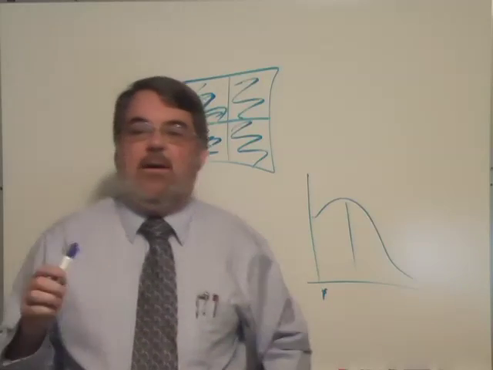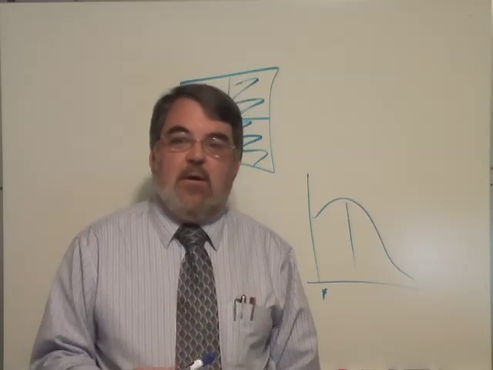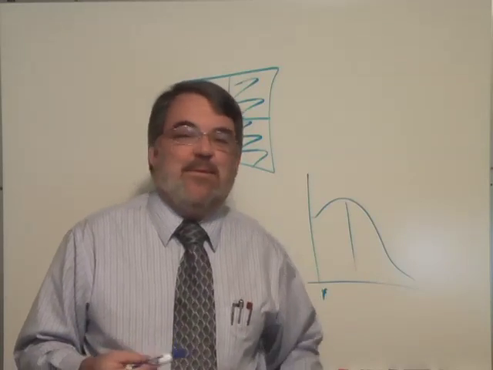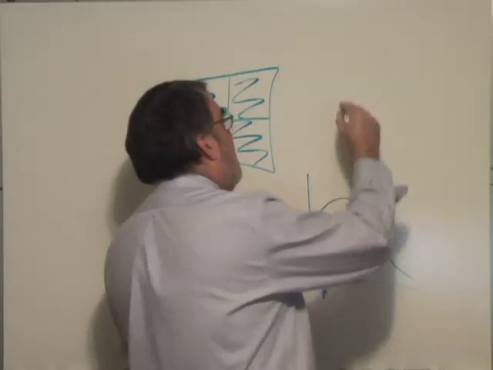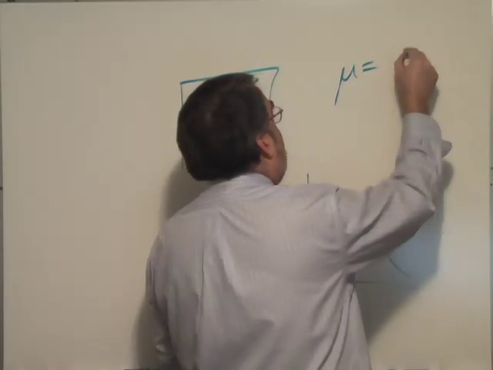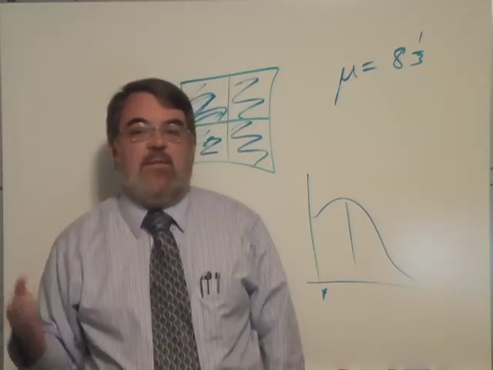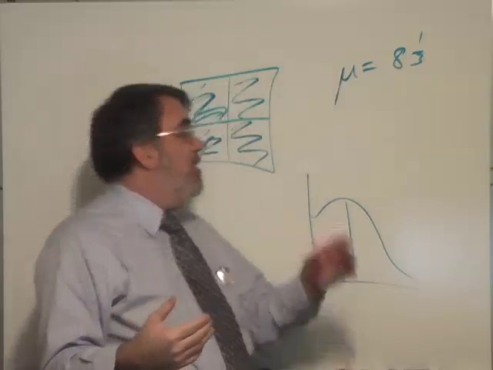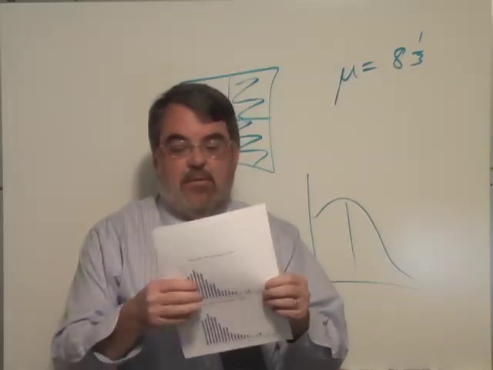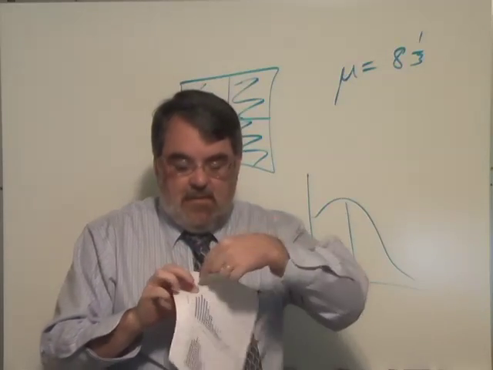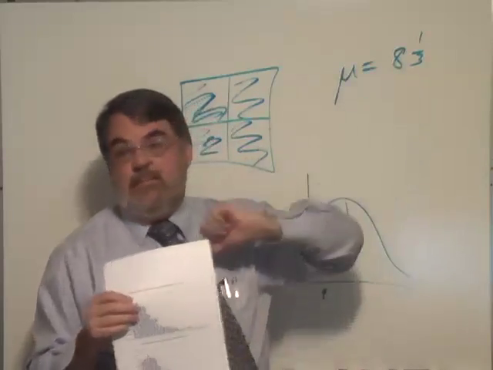By using theoretical probability and statistics, they were able to calculate the population mean. In other words, the answer, the population mean, ends up being 8 1/3. So on average, it takes 8 1/3 attempts to fill in all 4 boxes. Now I realize that on the chart 6 is what came up most often, but if you were to average it out, it would come out pretty close to 8.33, 8 1/3.